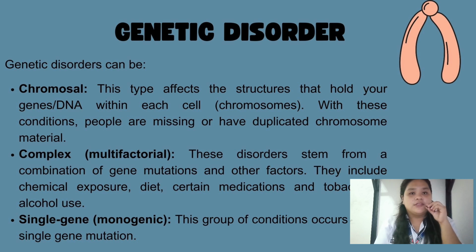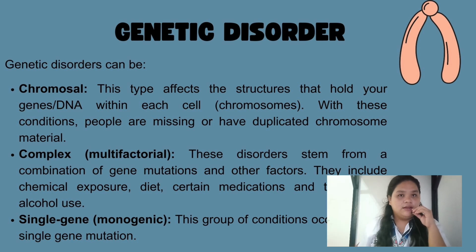Complex disorders are also difficult to study and treat. Why? Because the specific factors that cause most of these disorders have not yet been identified. Researchers continue to look for major contributing genes for many common complex disorders.